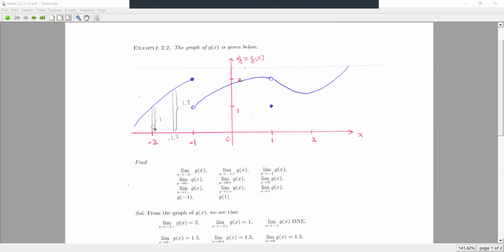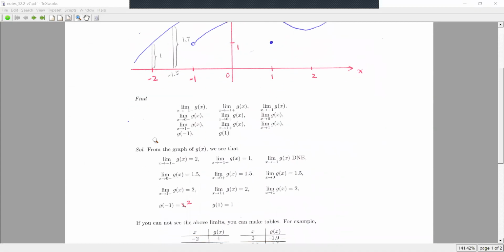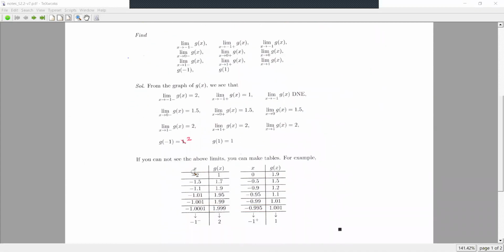Yeah, it is this height. This height is the function value at -2. From this point to this point, the distance is 1. So I guess this height is 1. So when x is -2, the function value is 1.